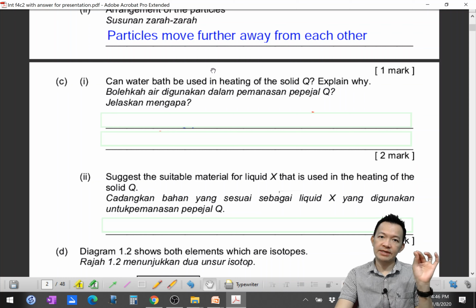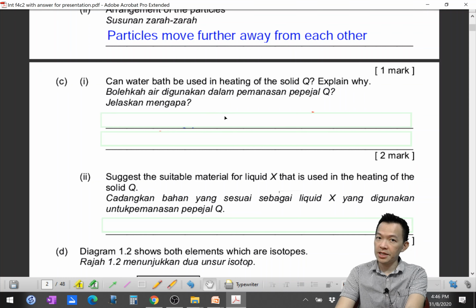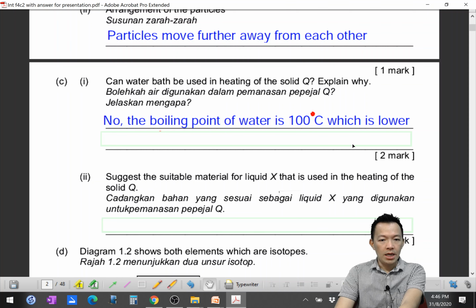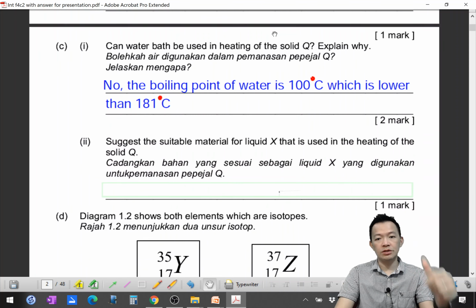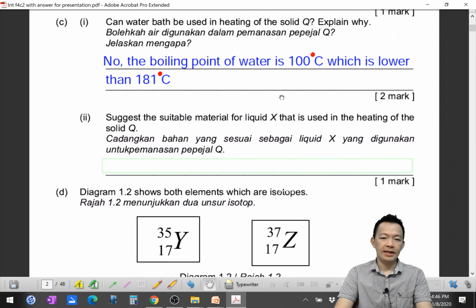It will affect your result next time. 你今天写不写，决定性的你的成绩了。So no, why? Because the boiling point of water is 100 degrees Celsius, which is lower than 181.